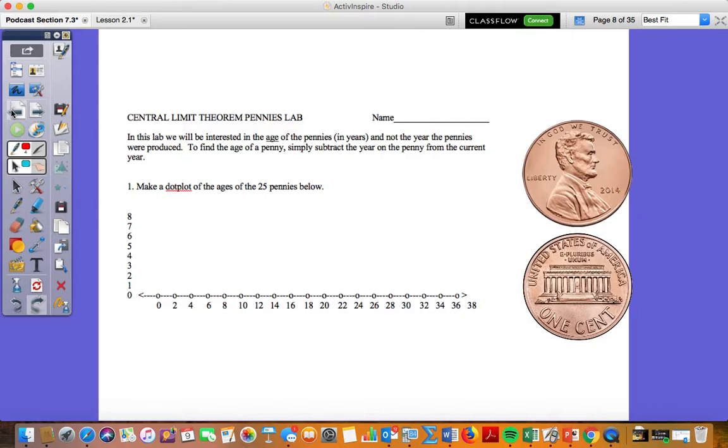What can we do to estimate the mean of the pennies in here, instead of just counting them?